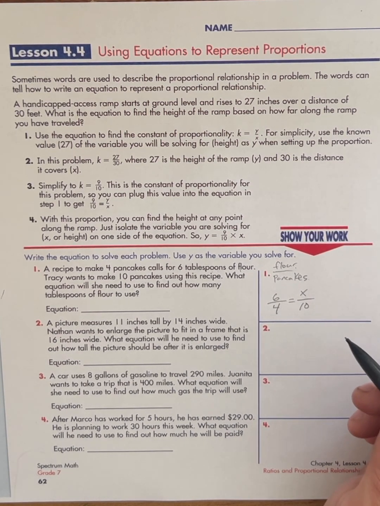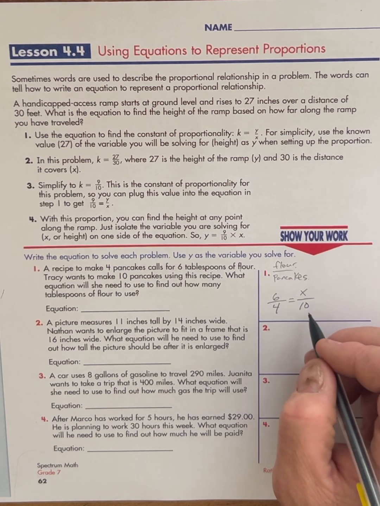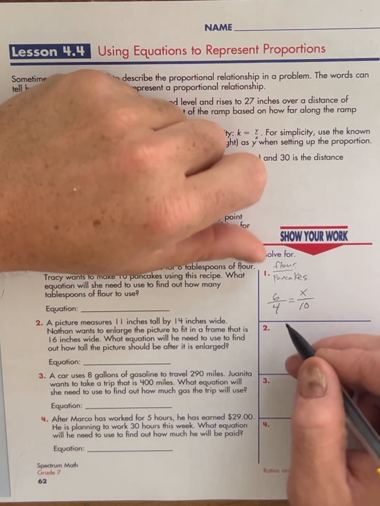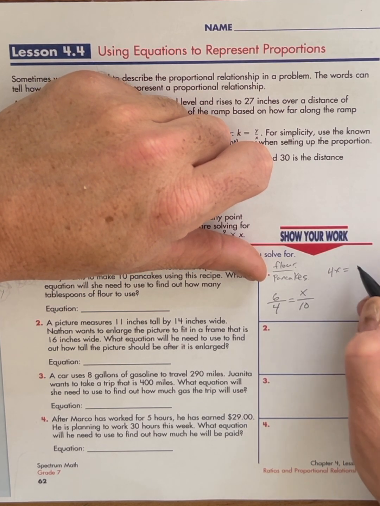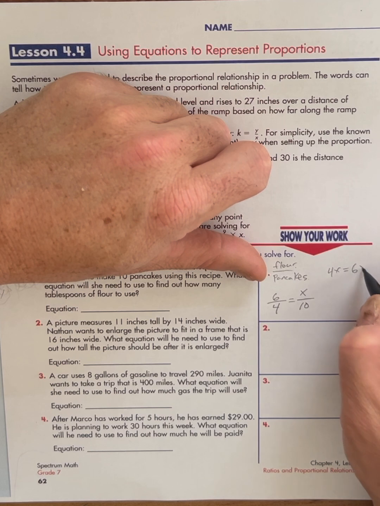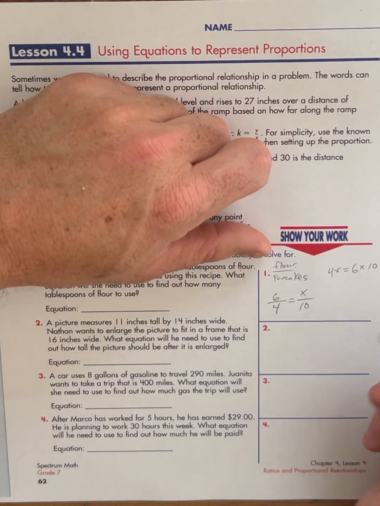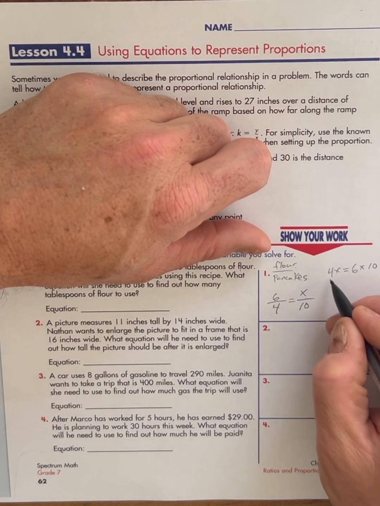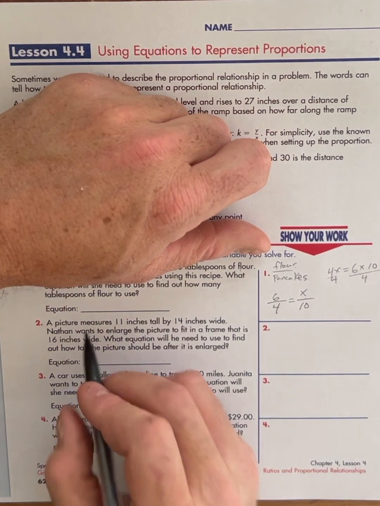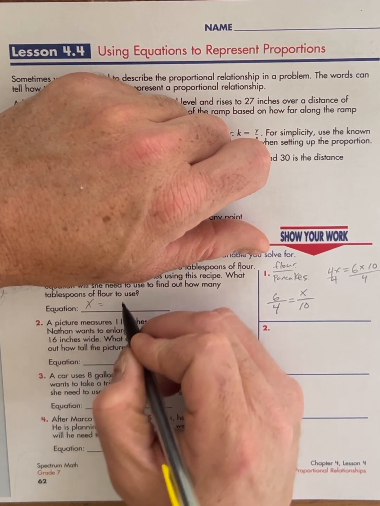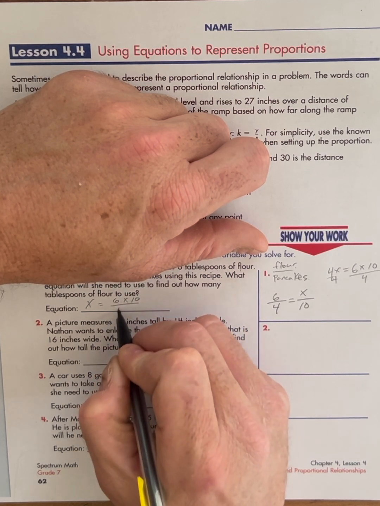You can solve it a couple ways. How would you solve this? You could cross multiply. So here's one way: 4x equals 6 times 10. But then you need to get the 4 off here, I think, for what they want in the back. So divide by 4, divide by 4. So that would be one answer: x equals 6 times 10 divided by 4.